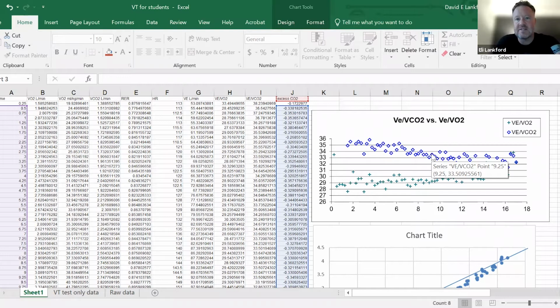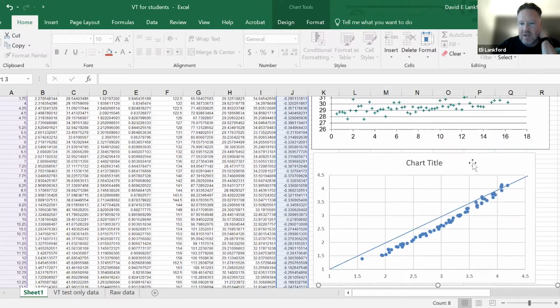But that increase in CO2 is accompanied by an increase in breathing rate. So we'll see VE/VCO2 typically stay flat for a longer period of time, but VE/VO2, our breathing rate, goes up compared to the VO2. If I needed to, I could put a line in here and ask, where does it seem to break from linearity? It seems to break right in here. So that's chart number 1. I would say it's right between 12 and 13.